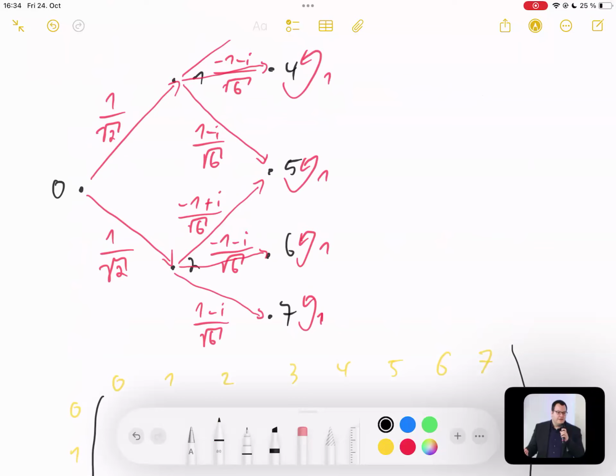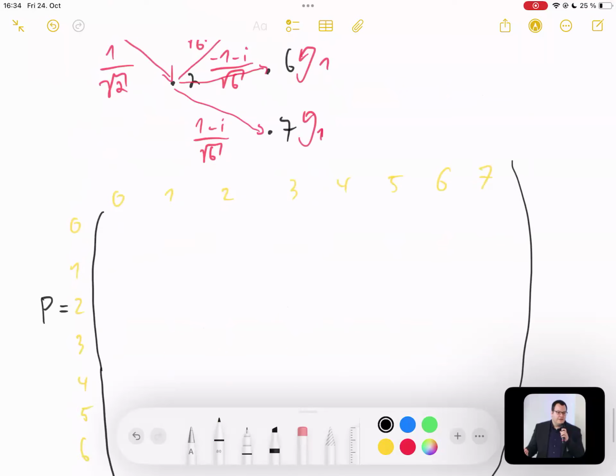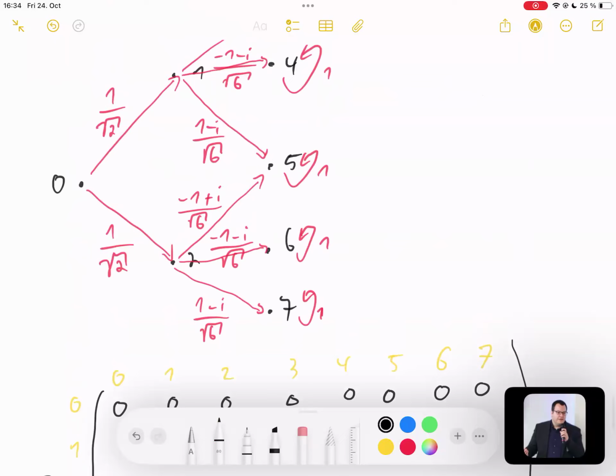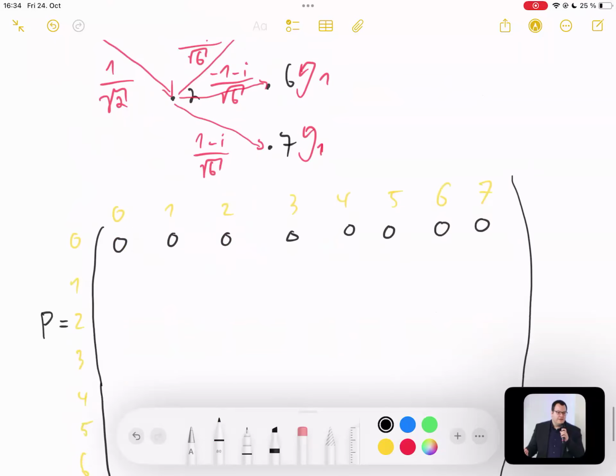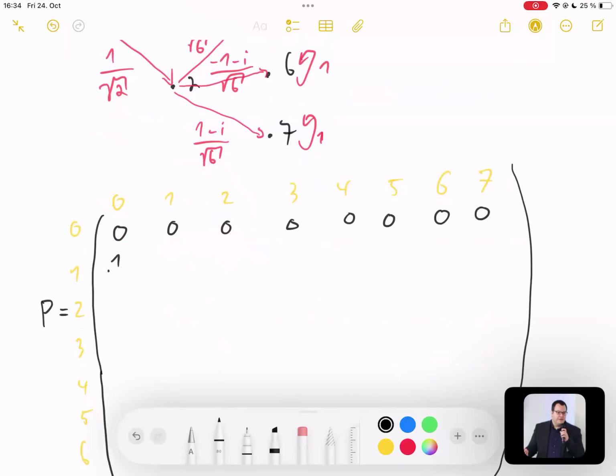Node 0 has no incoming edges, so all of these values up here are 0. Node 1 and node 2, they have an incoming edge from 0, which is 1 divided by the square root of 2. This time it's simply complex numbers. Before it was real probabilities.